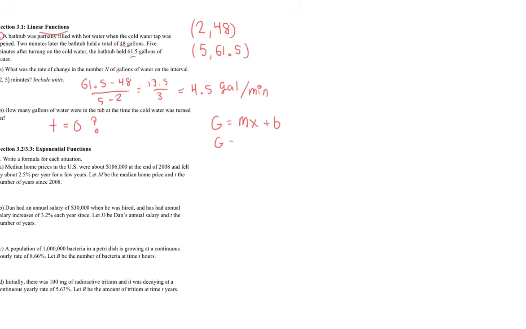So we have g is equal to 4.5t plus b. Now we're going to plug in a known point. We know that at 2 minutes, there's 48 gallons. This tells us that b is equal to 39. Therefore, it's 39 gallons at time t equal to 0.